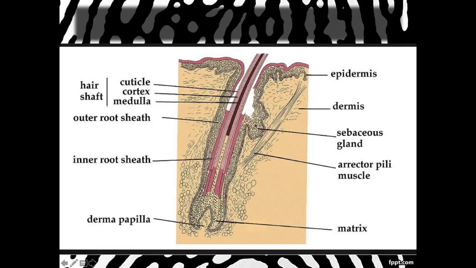Usually there is a sebaceous gland associated with the hair follicle like that, and its duct opens into the upper third of the hair follicle.